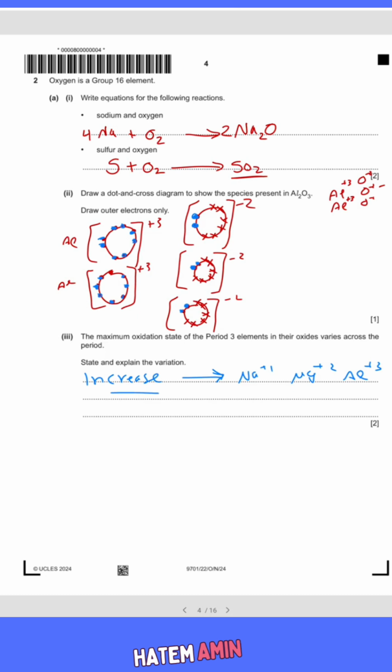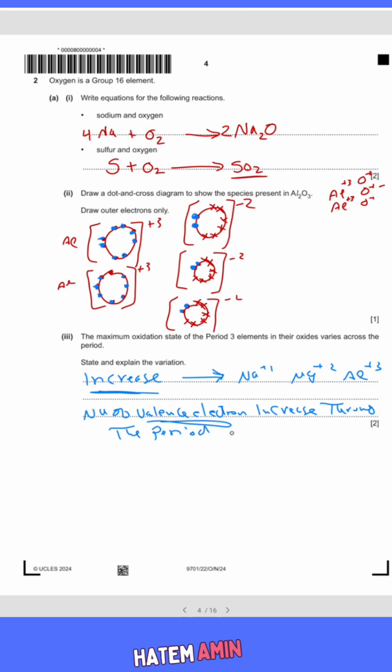So this increase is due to the number of valence electrons, which will increase through the period. What are the valence electrons? The valence electrons which this element loses to react with oxygen.